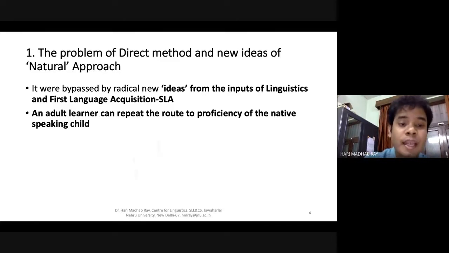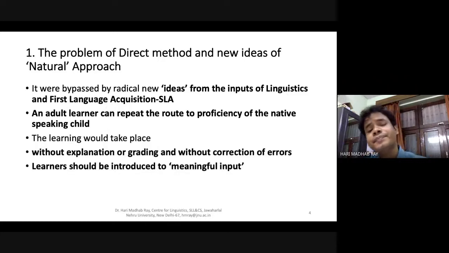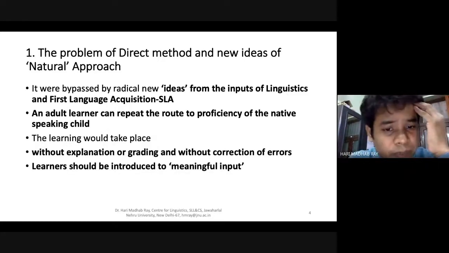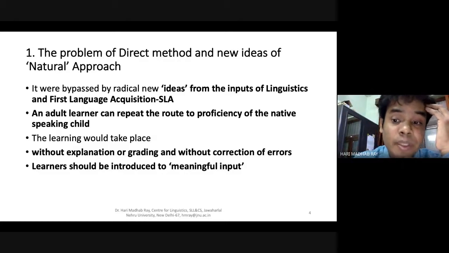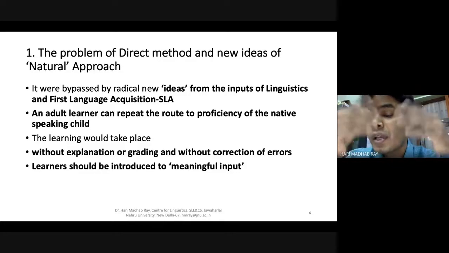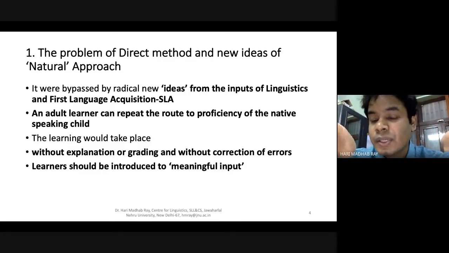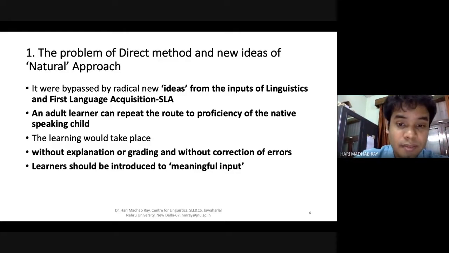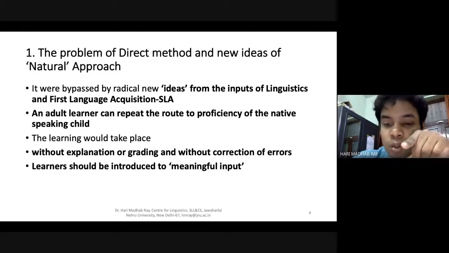And the learning would take place how? Without explanation or grading and without correction of errors. You see that? Without correction of errors, because especially in first language acquisition, the elders do not correct. And this is where the meaningful input comes in.